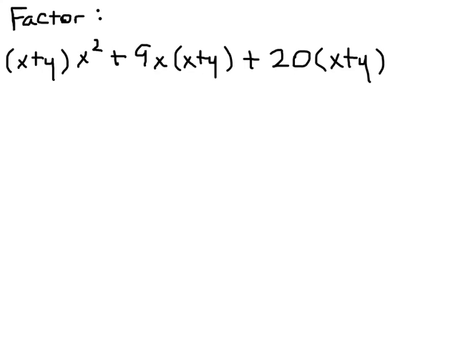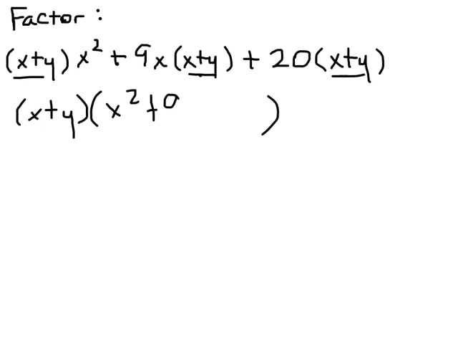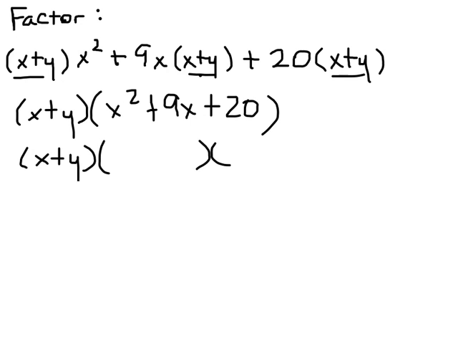All right, in this one, we have this, and this all in common. So again, we're just going to factor that right out. See what we're left with. We would have x squared plus 9x plus 20. This is easy because it's all positives. Bring this down, and then we're going to factor this, x plus, the factors of 20 that will give us 9.